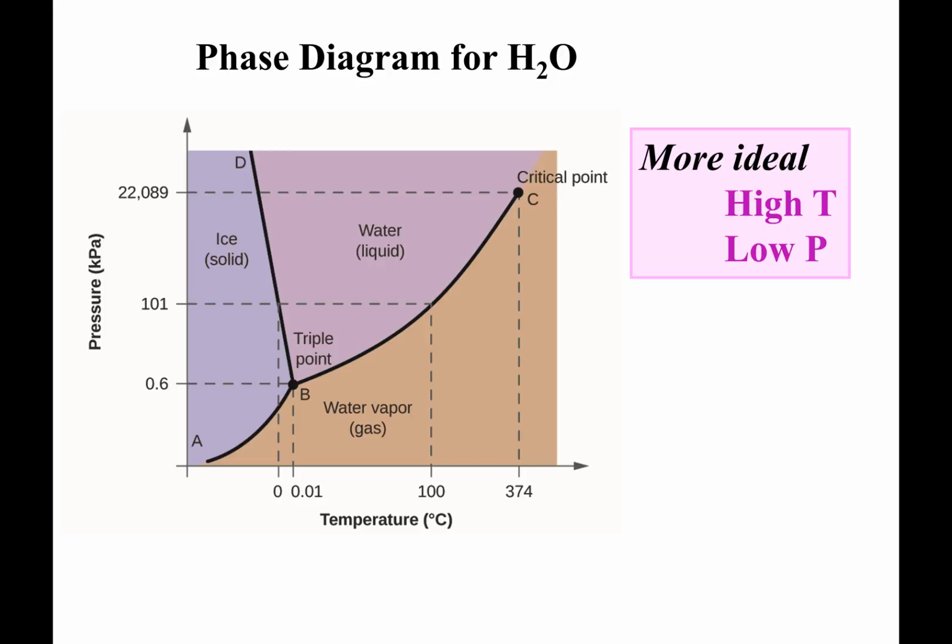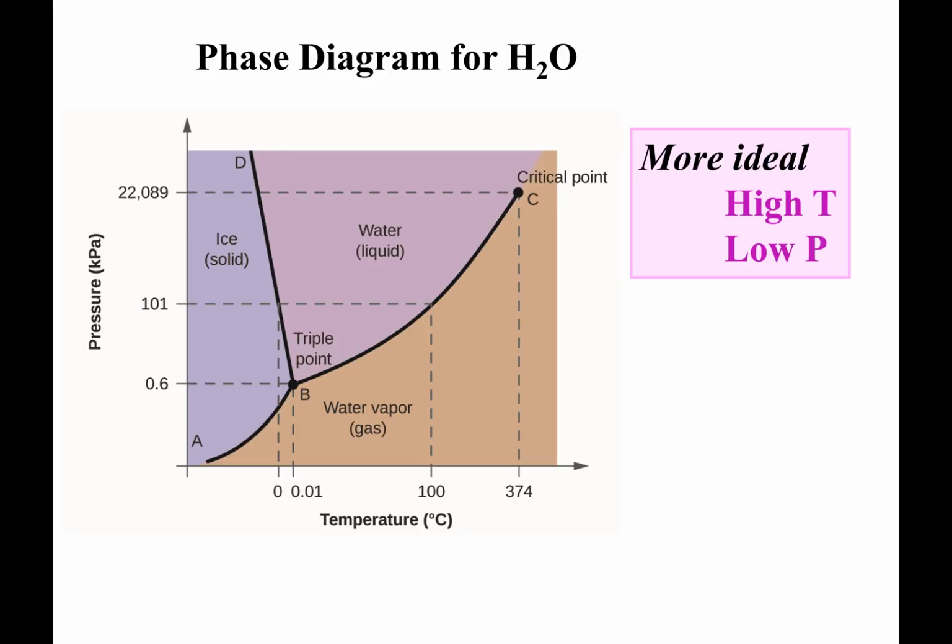What about here? What if you have water vapor at this pressure and you cool it down? It's going to go straight from being a gas to being a solid. We call that a type of sublimation, or deposition more specifically. Here it can go from a solid to being vapor without going through its liquid phase. That's called sublimation.